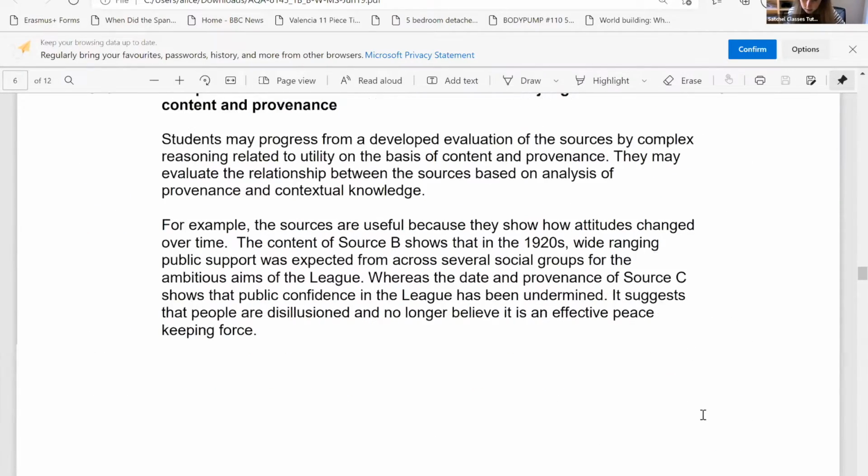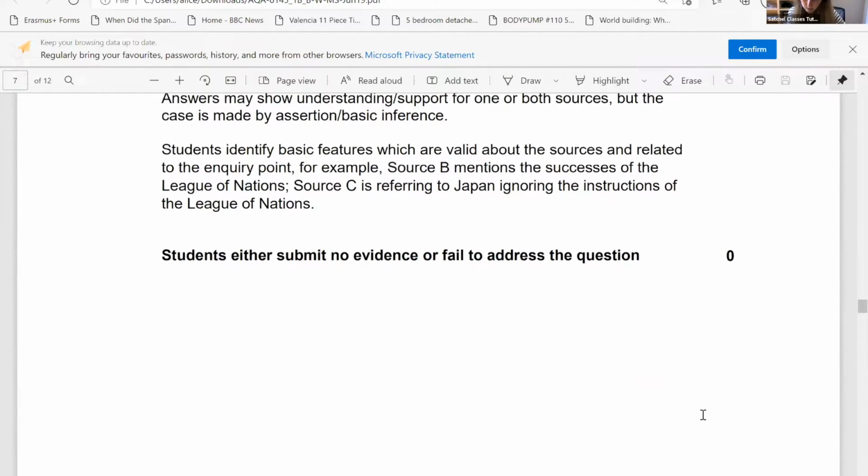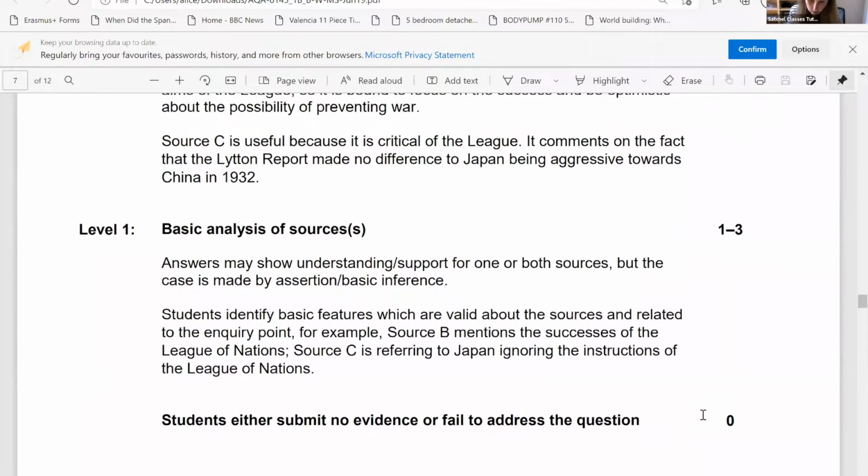So if we start at the bottom, because then we can work our way up and see what the differences are. So for level 1, which is 1 to 3, which nobody's going to be aiming for, answers may show understanding or support for one or both sources. So if you talk about only one of them, you're not going to get above level 2 on this question, so you're not going to get above 6.